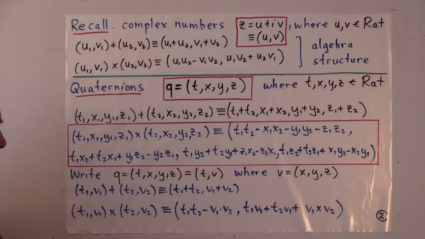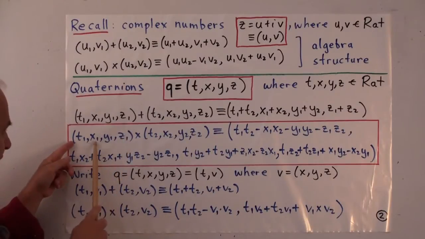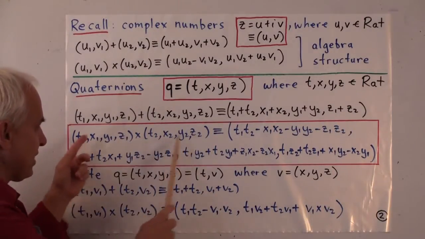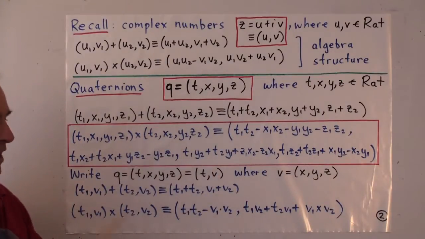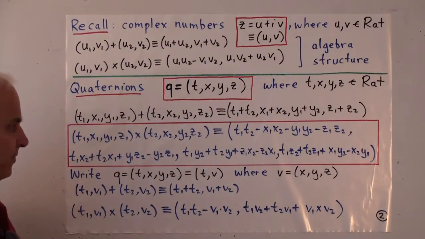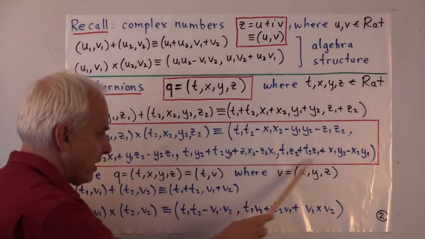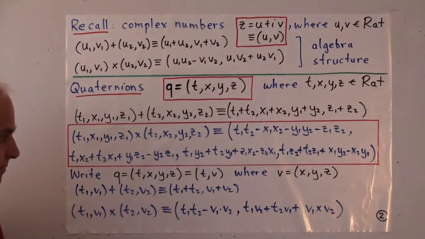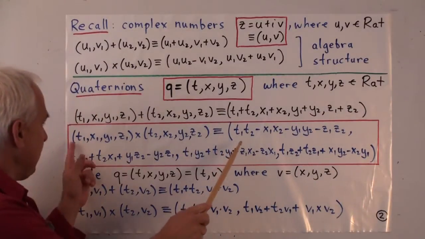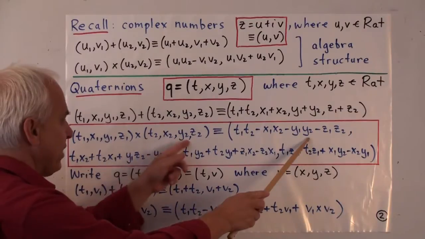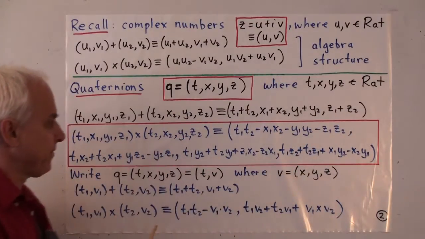And let's have a look at it. So we have two vectors, t1, x1, y1, z1, and t2, x2, y2, z2, and here's how we multiply them. We're going to get another 4-vector. Here's the first component, the second component, the third component, and the fourth component. The first one is t1 t2 minus x1 x2 minus y1 y2 minus z1 z2.